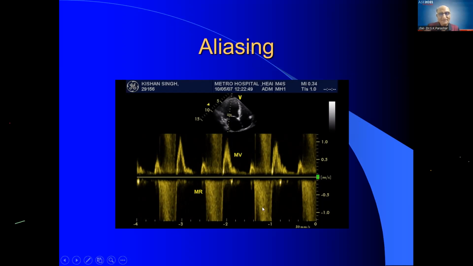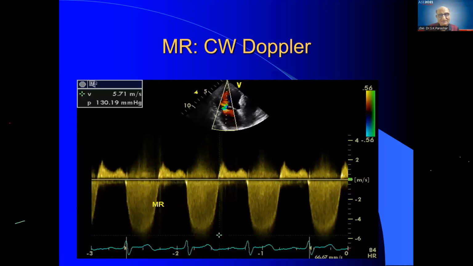Now suppose it is mitral stenosis with regurgitation, correct? Then what is the severity of the regurgitation? What is the velocity of the regurgitation? The purpose of aliasing is to show you that a pulse Doppler can produce an aliasing which disappears with the CW Doppler.